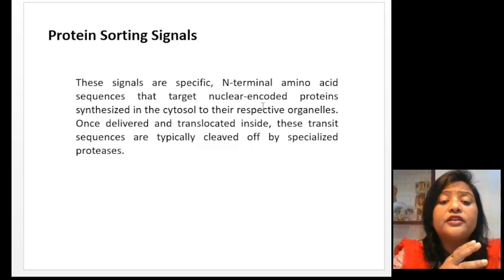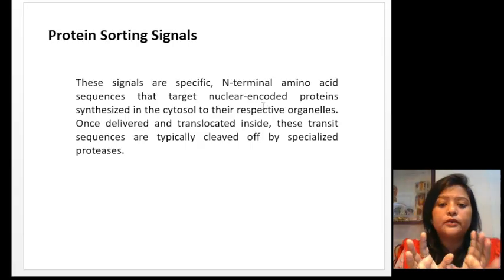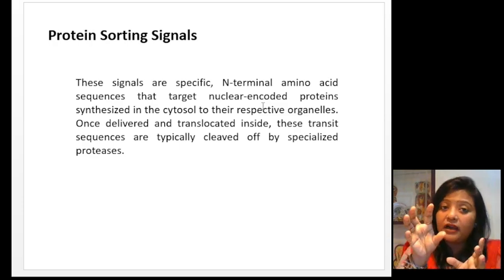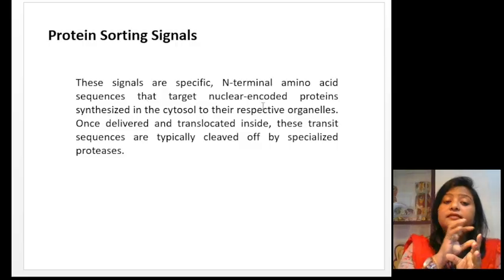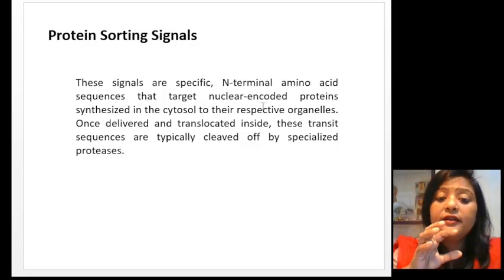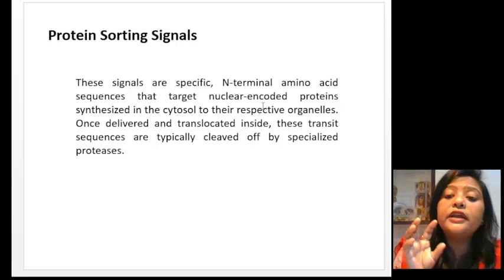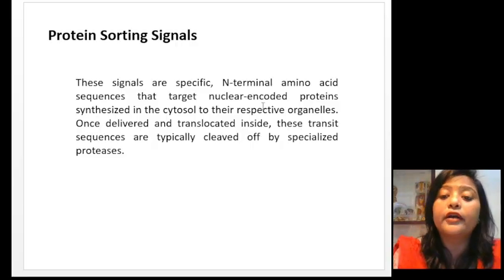That means there are some proteins which are nuclear encoded. Understand that? So those places are being targeted by these signals. And where are these signals? They are present in the mitochondria and chloroplast. So they will target those nuclear encoded proteins synthesized in the cytosol to the respective organelles.